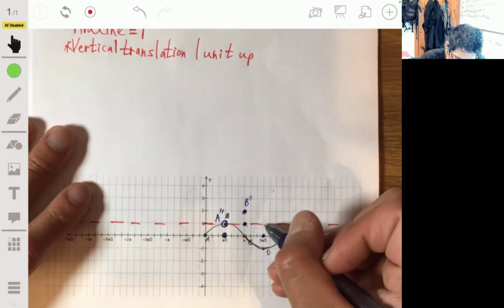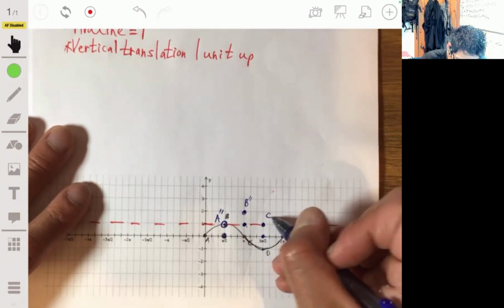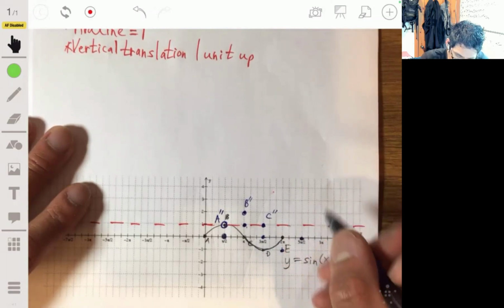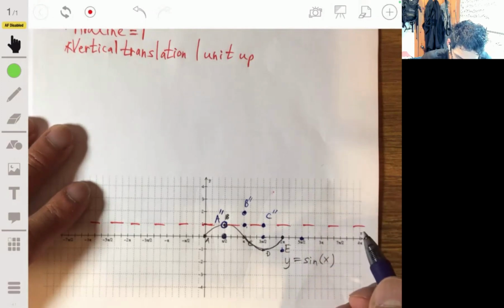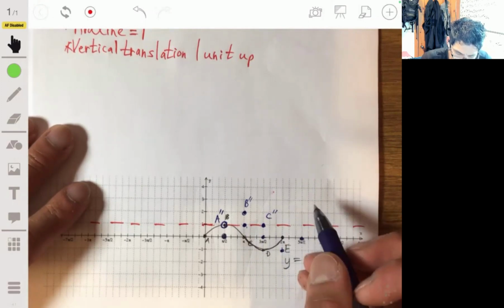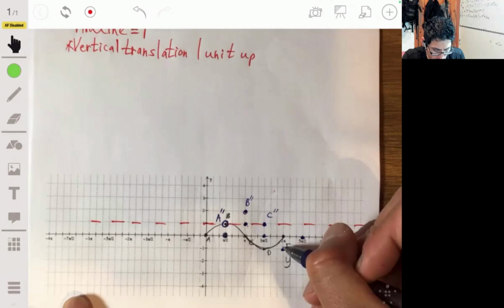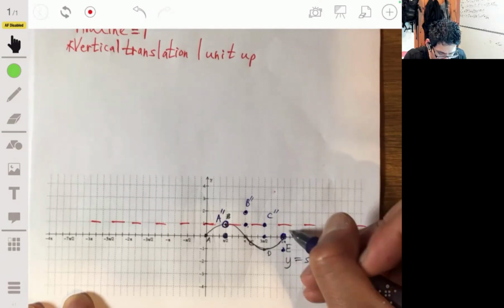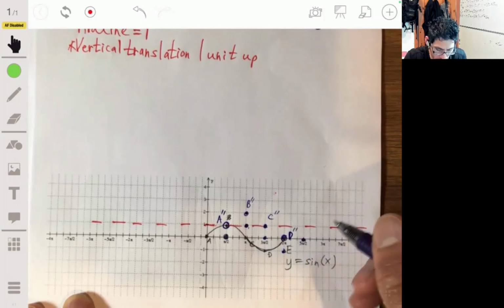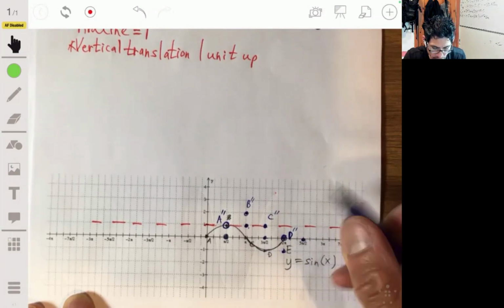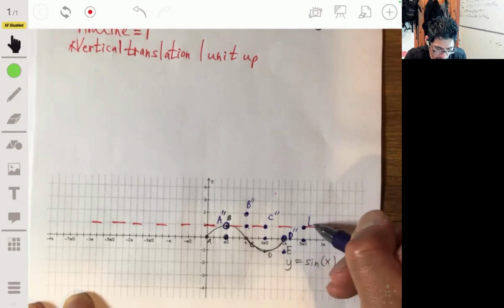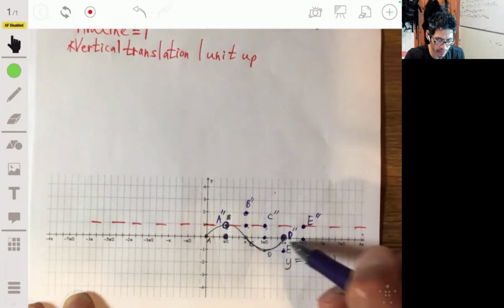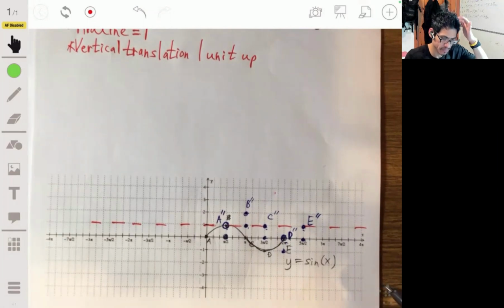Next one, move that up 1 unit, C double prime. Next one, over here, D double prime. And finally, this one going up to here, E double prime. 1, 2, 3, 4, 5. We still have 5 key points.